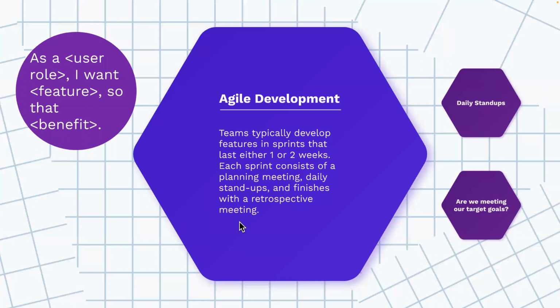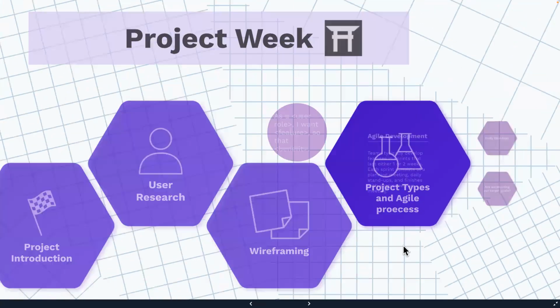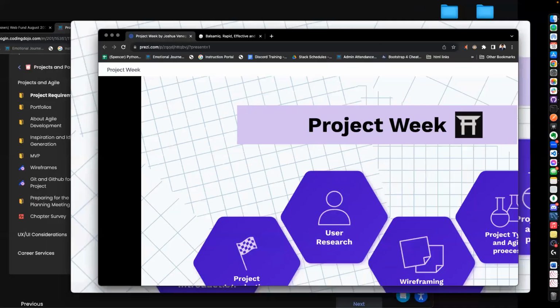So there should be no mystery as to where anyone is in their workflow process and what we need to do to move forward and accomplish what we're trying to achieve. So we'll do daily stand-ups, and we'll be talking about whether we're meeting our goals, and if not, what we need to do to meet them.